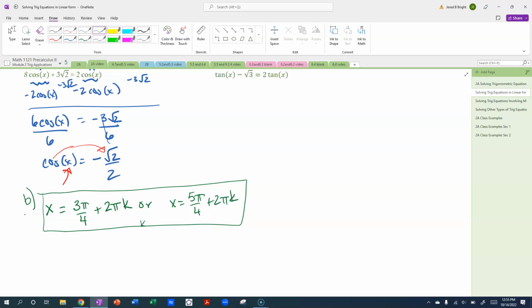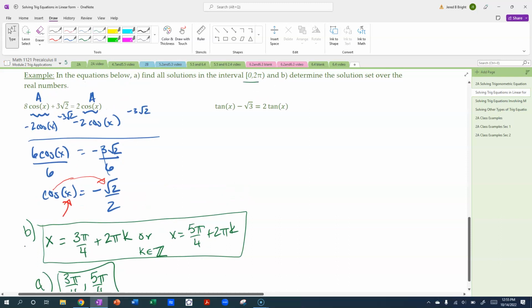Because we just say k is an integer, and that's a shortcut way of saying k is an integer. So k is in, and then it's a kind of a double or bolded Z for the integers. And then for part A, we would just say the answers are 3 pi over 4 and 5 pi over 4. Okay. So there we go.